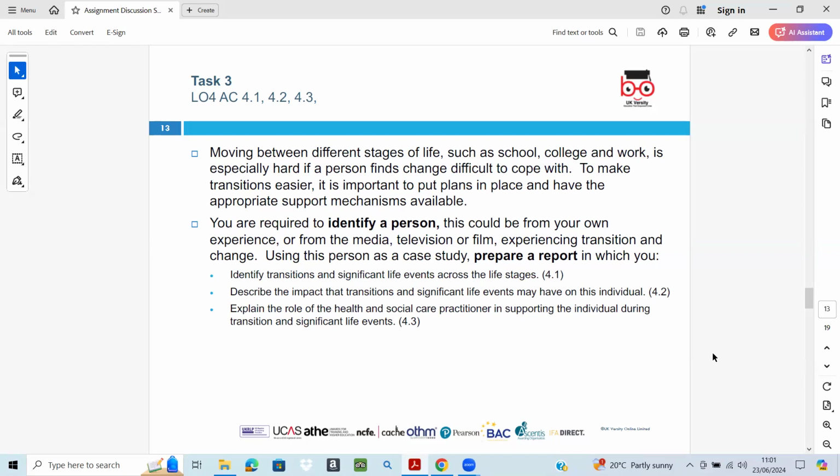Then for criteria 4.3, we need to explain the role of health and social care practitioners in supporting the individual. We need to explain the crucial role that health and social care practitioners play in supporting individuals during transitions and significant life events. We can outline specific strategies and interventions that practitioners can implement to aid the individual in adapting to change and overcoming challenges. We need to emphasize the importance of providing emotional support, guidance, resources, and access to appropriate services to help the individual navigate these transitions successfully.